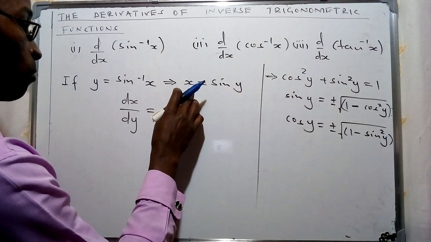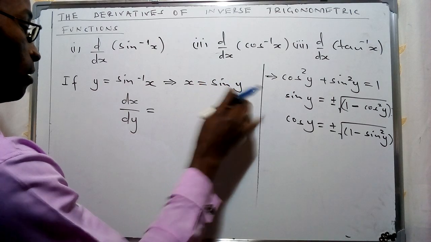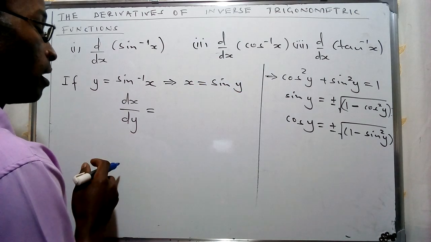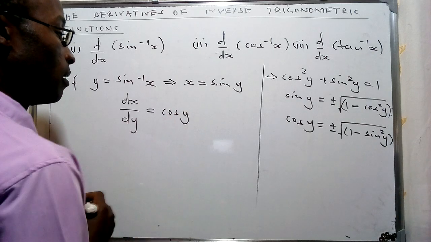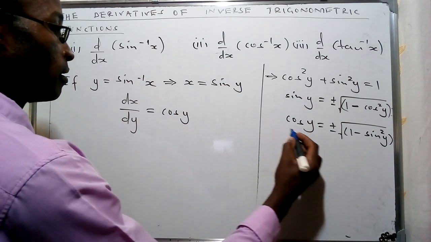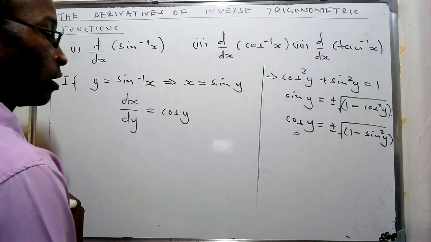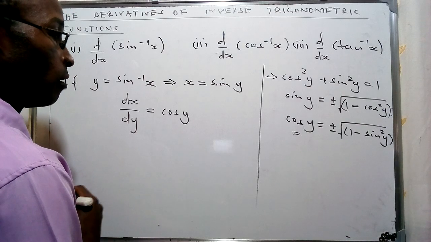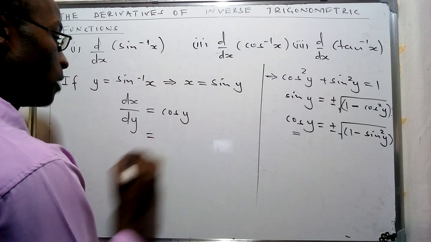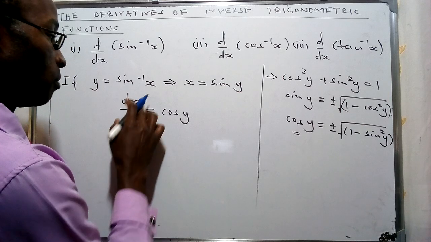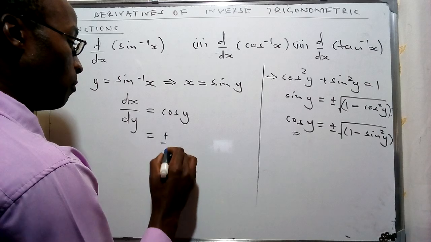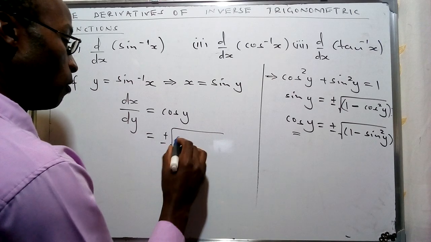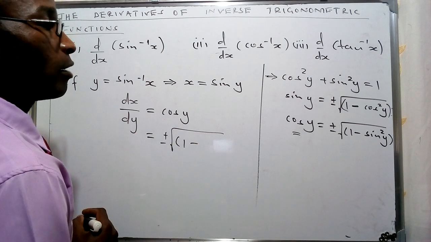So we are going to find the derivative of the sine of y given as x, which is going to give us the cosine of y. But I've said that we can represent the cosine of y using this representation. So that implies that dx over dy can be given as positive or minus the root of 1 minus the sine of y.